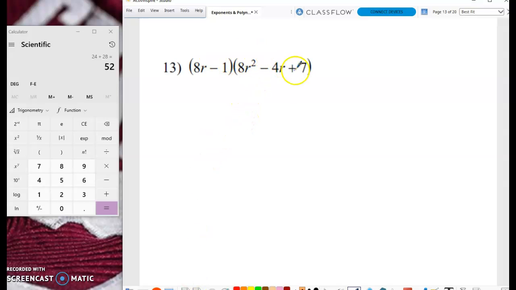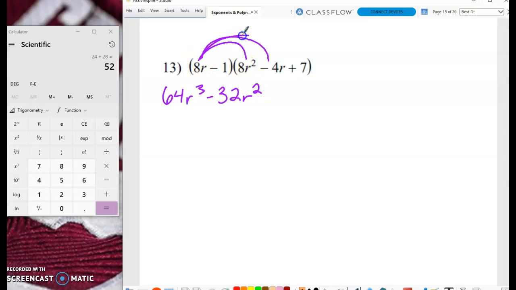13, same idea, just we have a longer second polynomial, but the principle still applies. So we're going to take 8r and we're going to distribute it. We're going to take 8r and distribute it into the 8r squared, and we're going to get 64r cubed. 8r times negative 4r, we're going to get negative 32r squared.